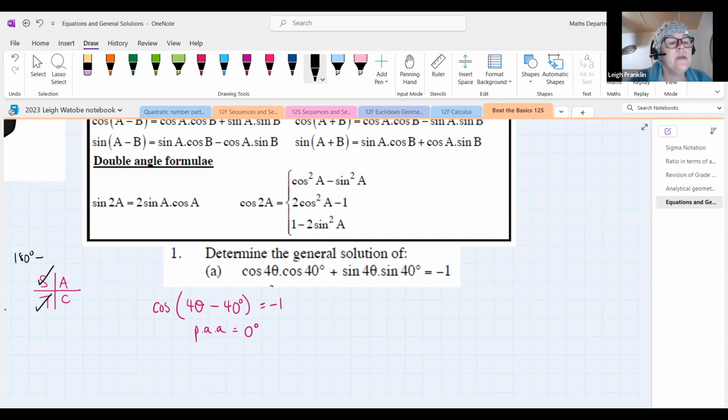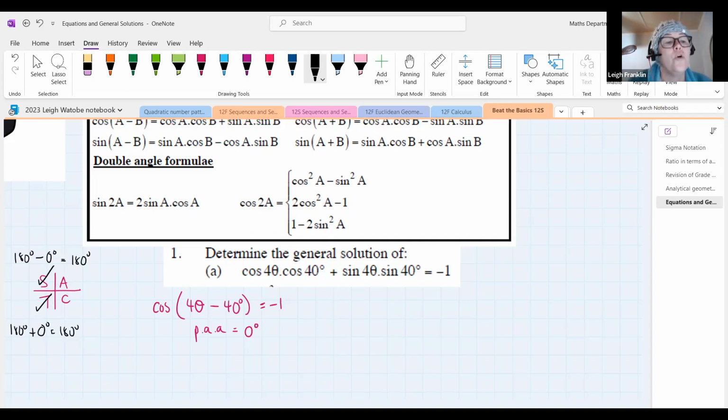In quadrant 3, it's 180 plus. If we subtract 0 degrees from 180, we still get 180, and if we say 180 plus 0 degrees, we still get 180. So because our PAA is 0 and we're working in quadrants 2 and 3, our two general solutions end up being the same.